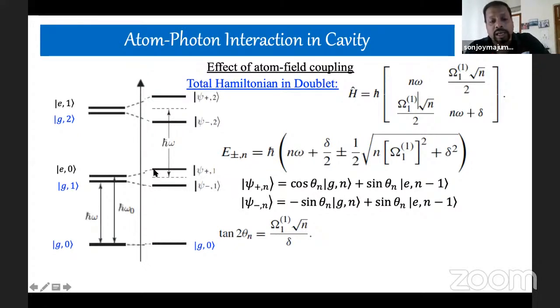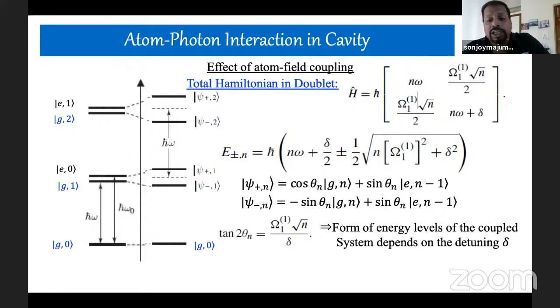We obtain them due to the coupling between these two states. And this coupling is dependent not only on the transition strength between G1 and E0, it also depends on how much is the value of delta, how far.